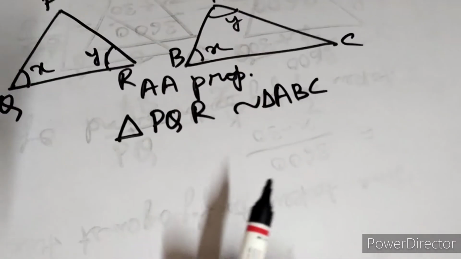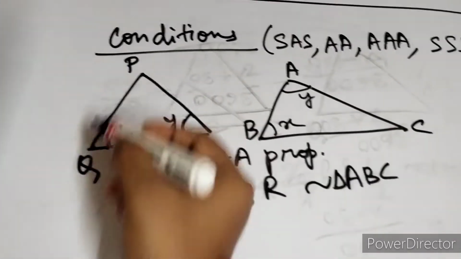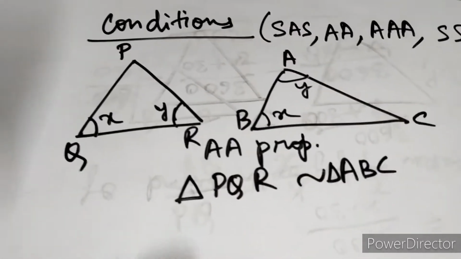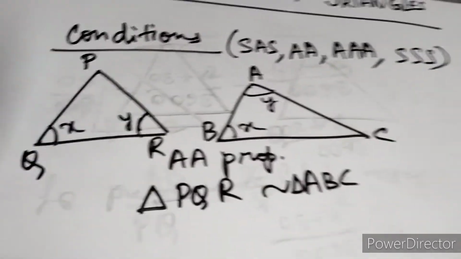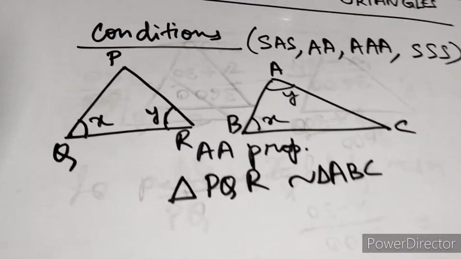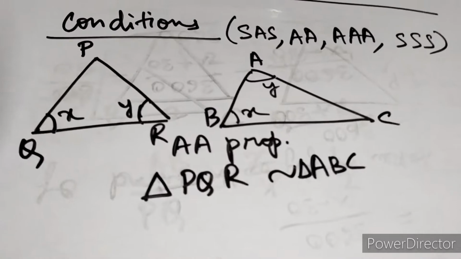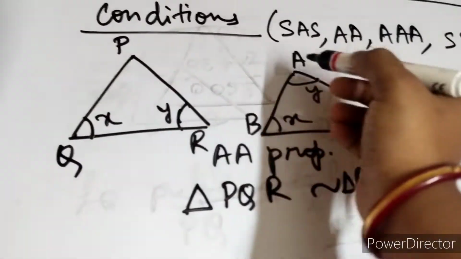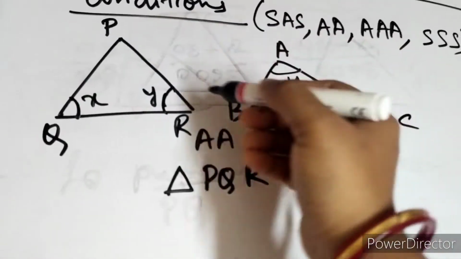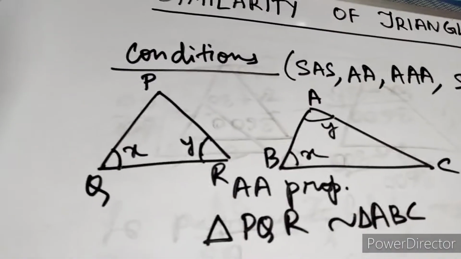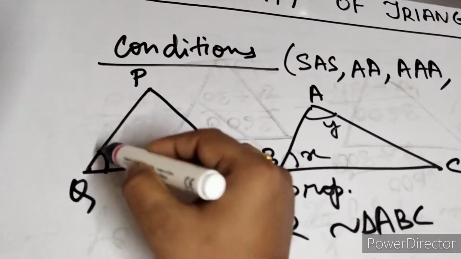Now if the two triangles are similar, then we can say that their sides are proportional. Students generally get confused about which side to take for the proportionality: do we compare PQ with AB or AC or BC, which one? Now it's a very easy thing.